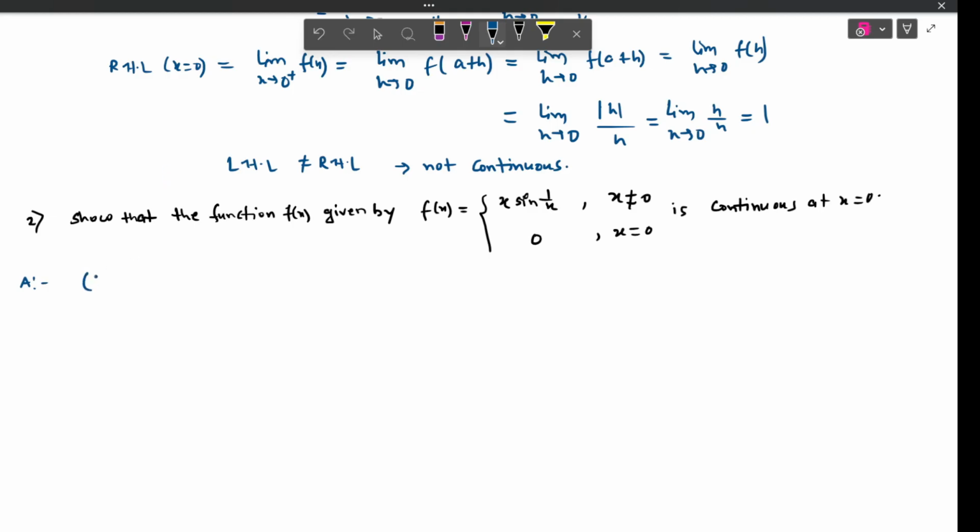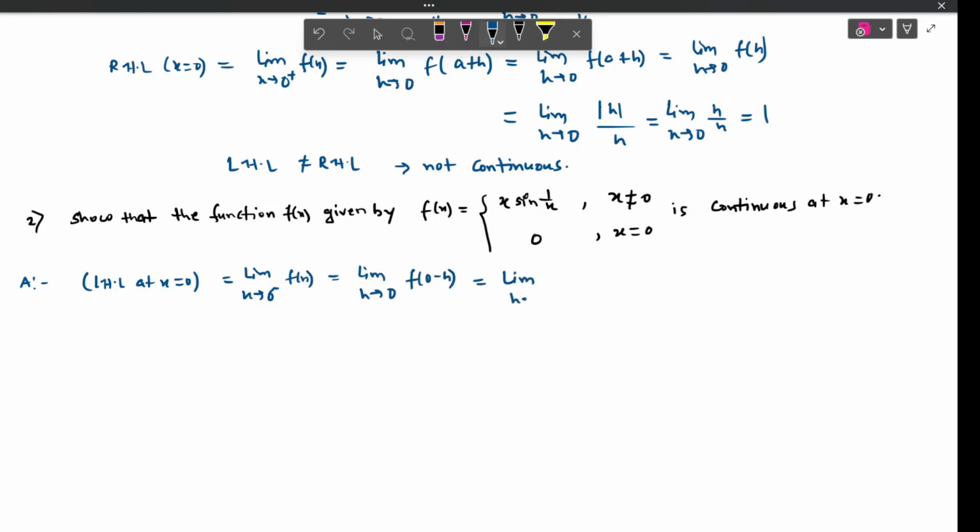So let us first check left hand limit at x equals to 0. So it would be limit x tends to 0 minus f of x. Converting it into h, it would be limit h tends to 0, f of 0 minus h.